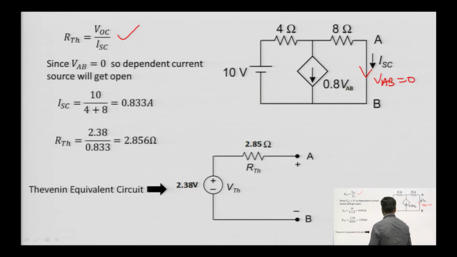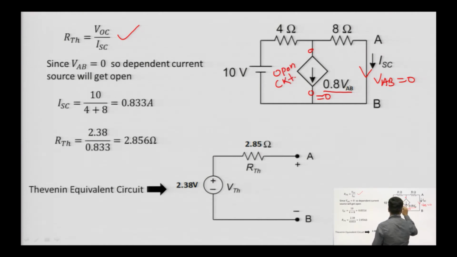The current source is dependent on the voltage across AB, so it will also be equal to 0. Current source 0 means it will be open circuited.